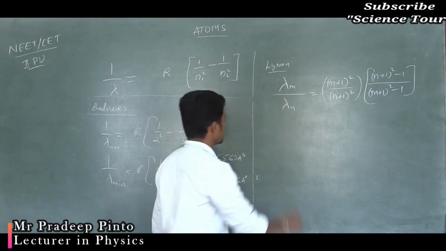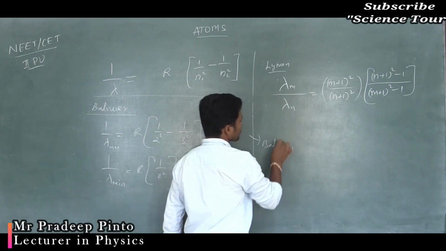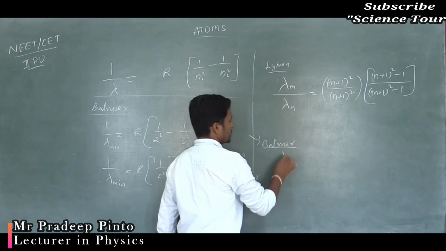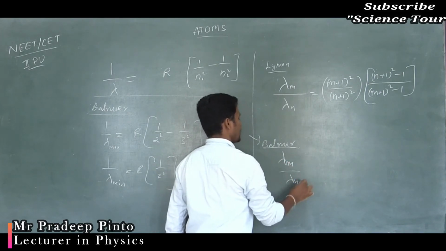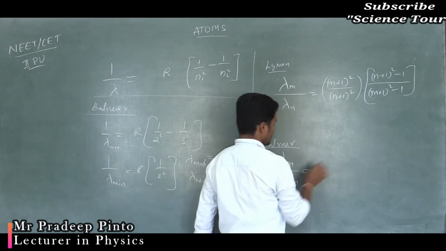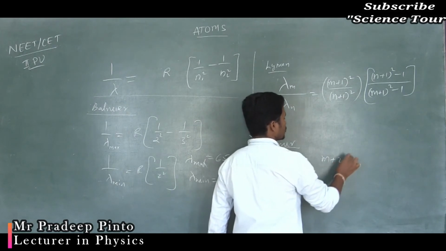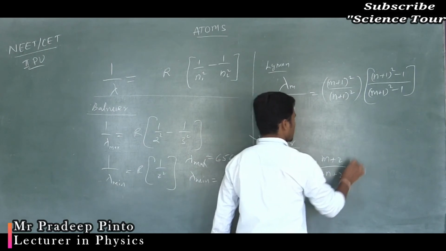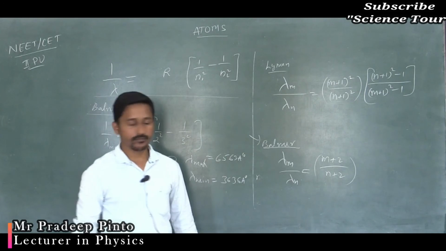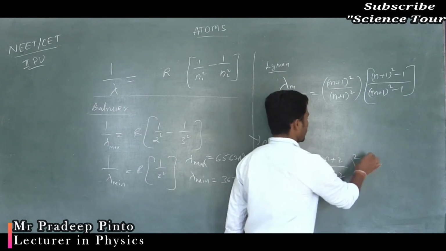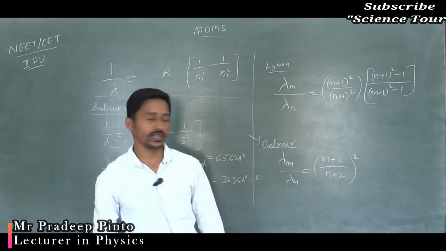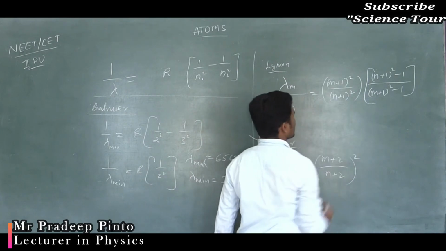And for the Balmer series, the ratio you are going to get here also the same way, m plus 2 divided by n plus 2. Because I can write 2 square, both whole square, separately I have written, here together I have written.